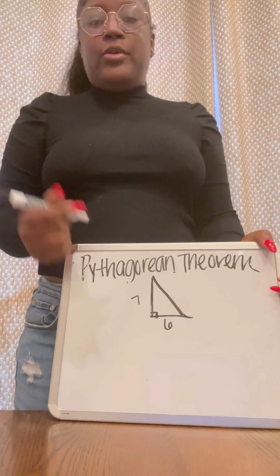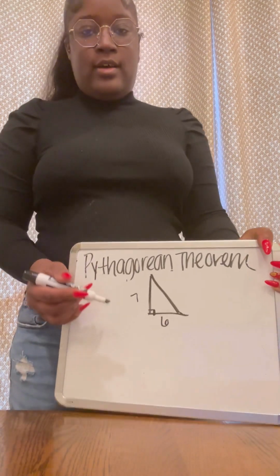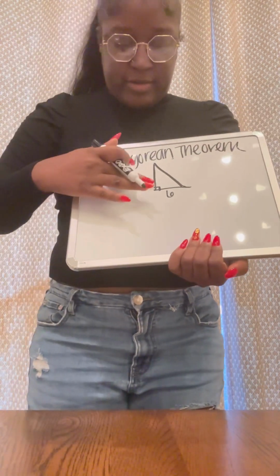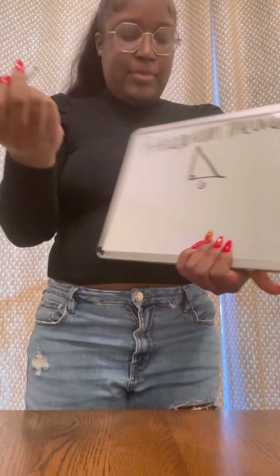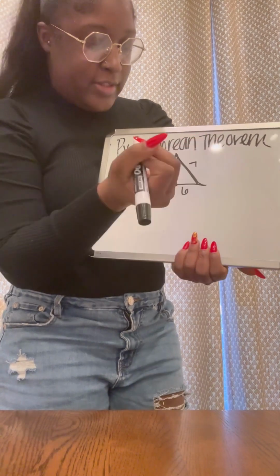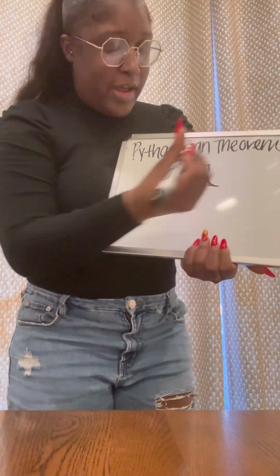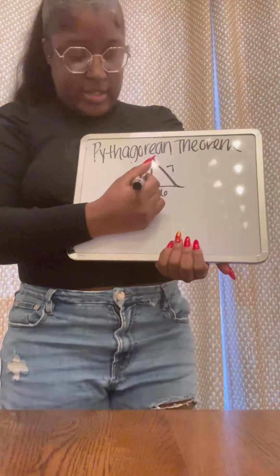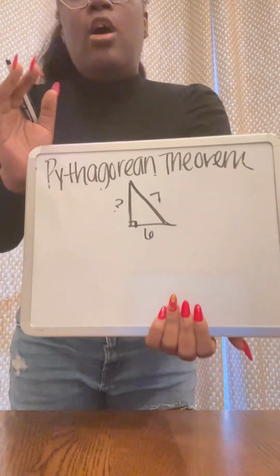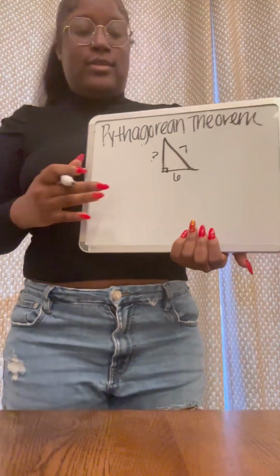Okay, so here's another example of the Pythagorean theorem. And you know what? I'm going to switch this up, okay? So let's put that number here where the hypotenuse is, okay? So now we're actually missing a leg at this point. So now we're gonna find out what the leg of this problem is, okay?